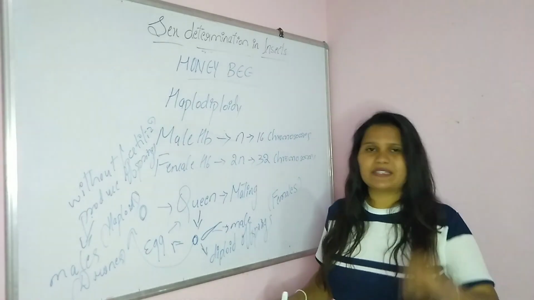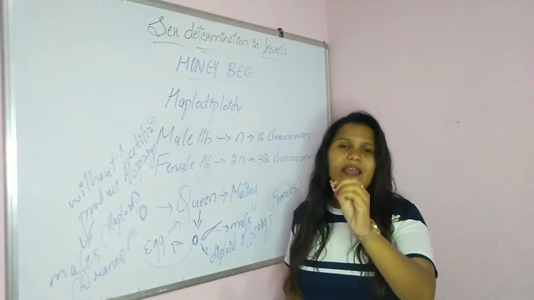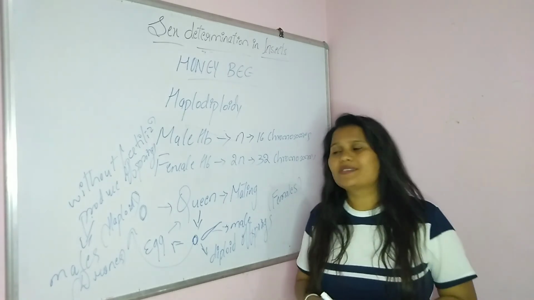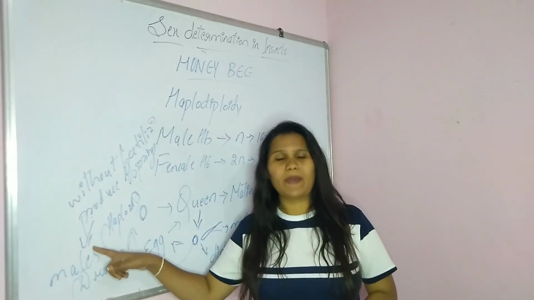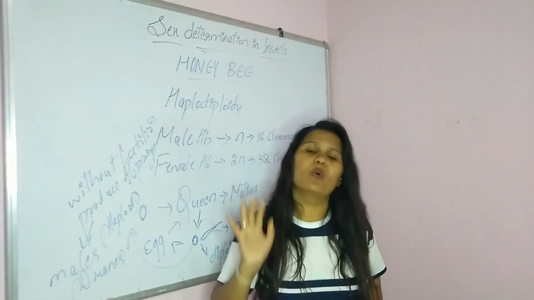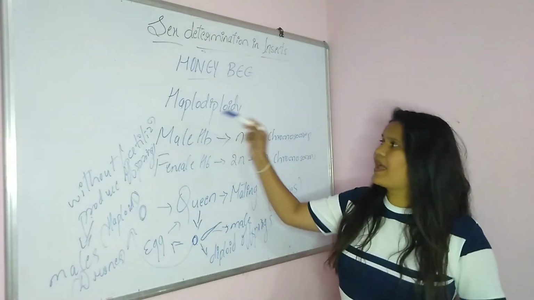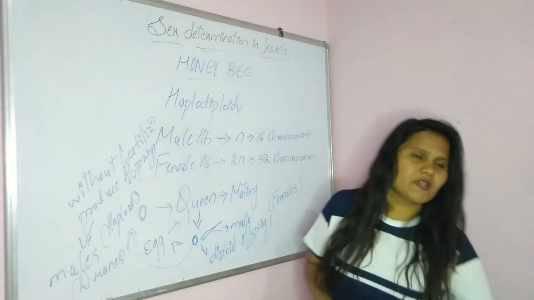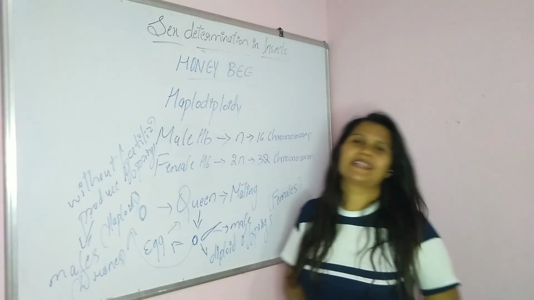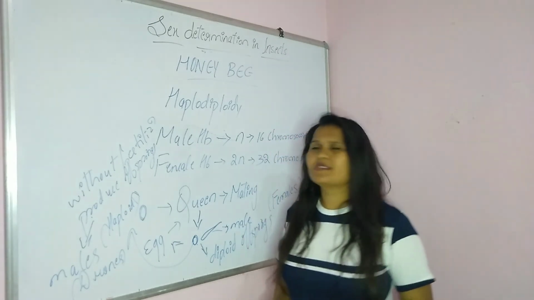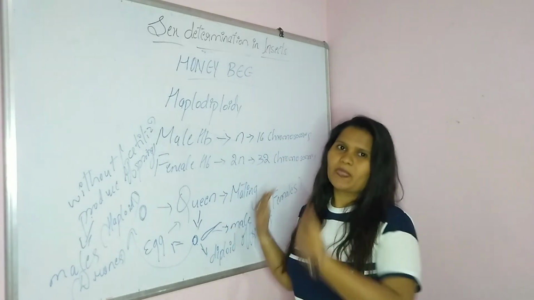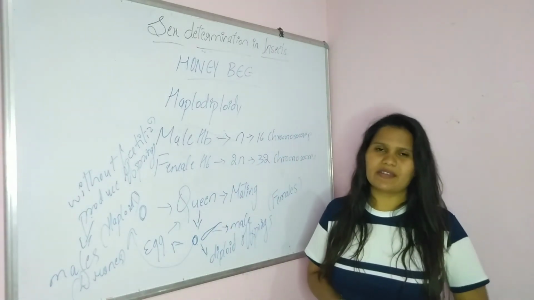That is called as the parthenogenesis, and it produces only males, or we can call them as drones. Hence it is called as the haplodiploidy. So is this clear? I think it is clear for you. So it finishes the sex determination in case of the organisms that we have studied till now.